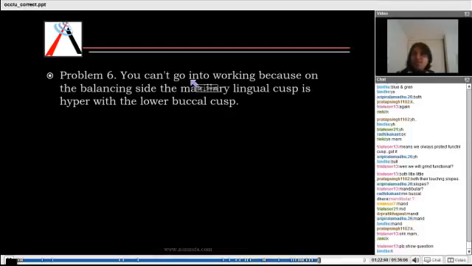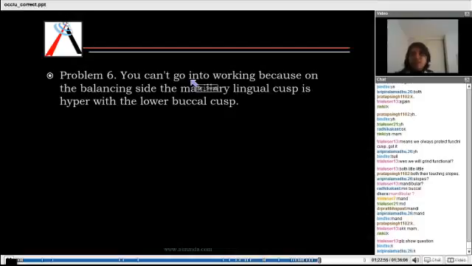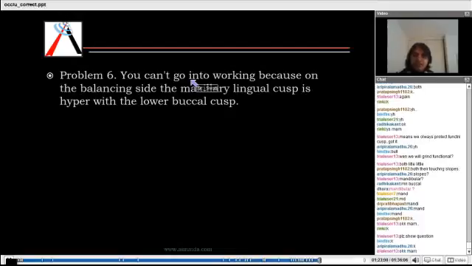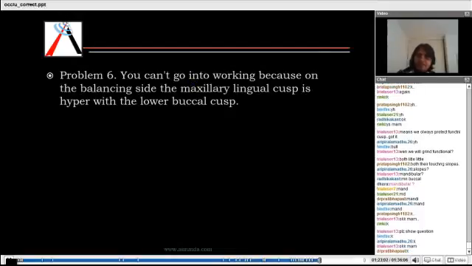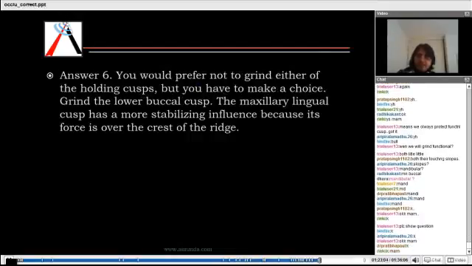Some of them say grind maxillary. Grind mandibular, do not touch the maxillary. Okay? And this is one of those justifications wherein they say to grind this thing. Okay? Clear?